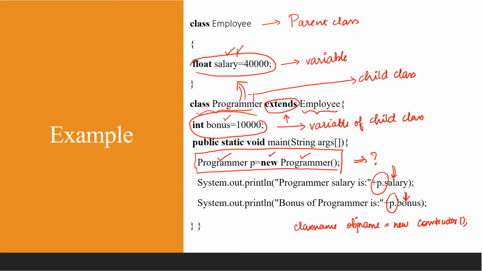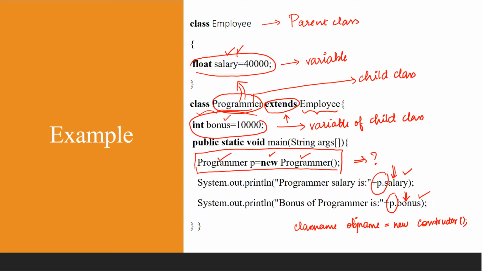It is enough if you create an object for the child class. With the help of the object created for the child class, you'll be able to access both the salary and the bonus variables of both the child and the parent class. I hope you are able to understand it. So this is a common example of how you will write a program using inheritance in Java.